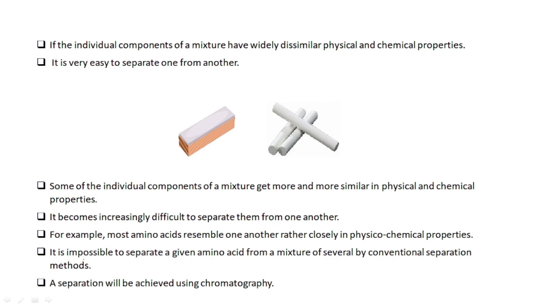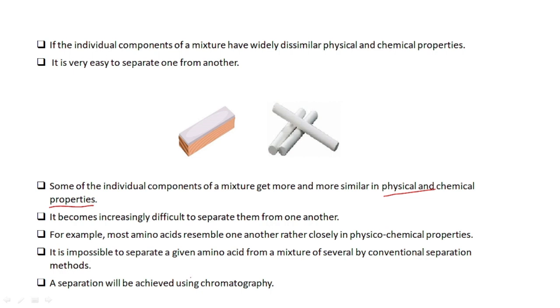It is impossible to separate a given amino acid from a mixture of several by conventional separation methods. If two components have the same physical and chemical properties, we can't separate them clearly.